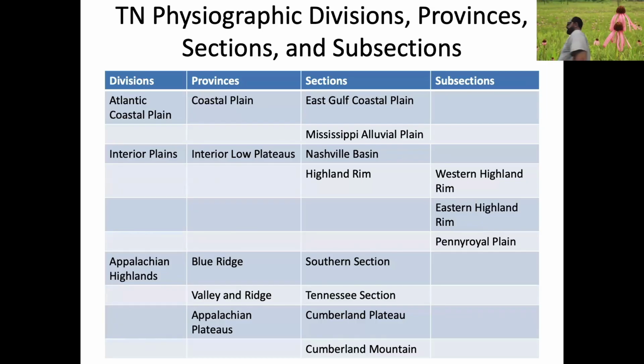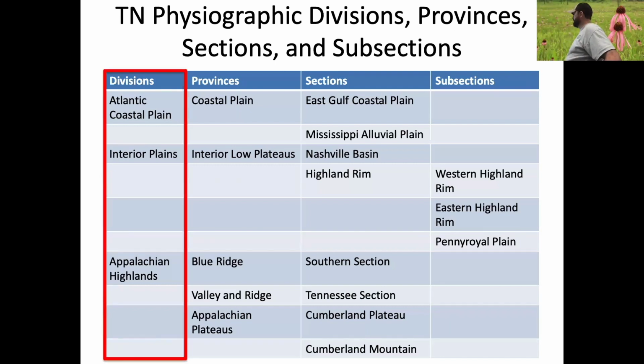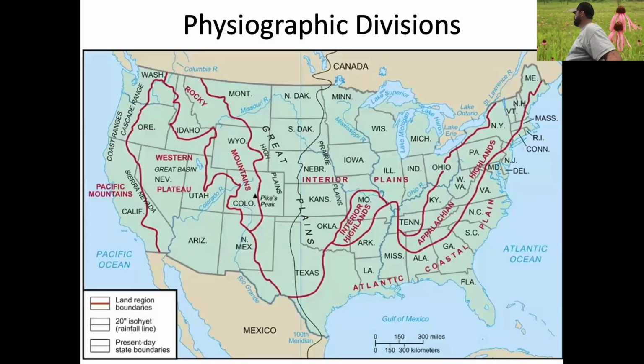Physiographic divisions are broken into a classification. So these divisions are grouped into provinces, sections, and subsections. And here's where the larger divisions are, like Atlantic Coastal Plain Division, Appalachian Highlands Division, and so forth.